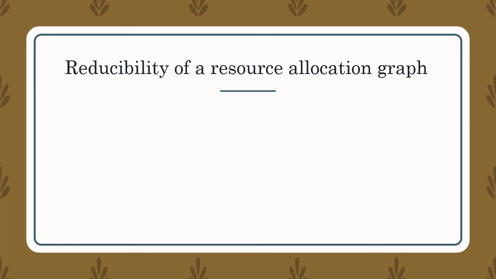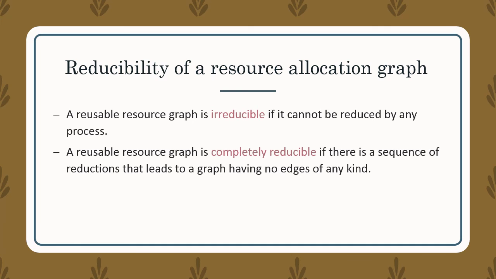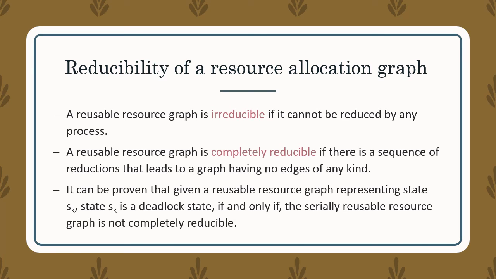Reducibility of a resource allocation graph. A reusable resource graph is irreducible if it cannot be reduced by any process. A reusable resource graph is completely reducible if there is a sequence of reductions that leads to a graph having no edges of any kind.